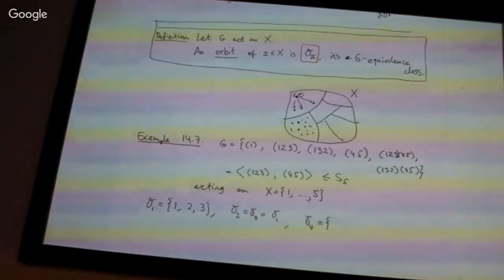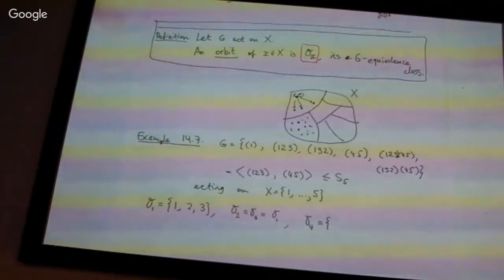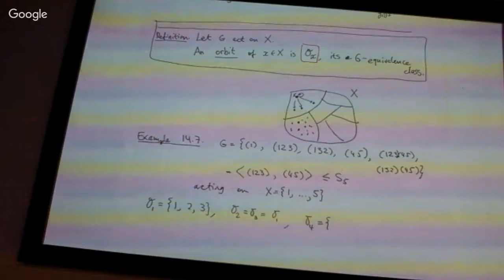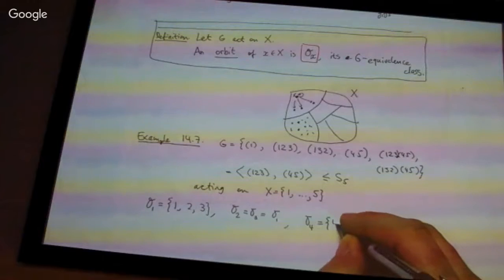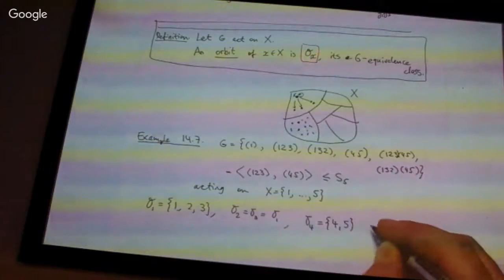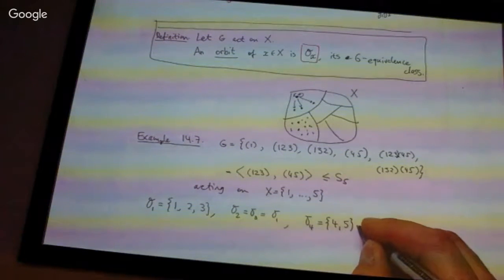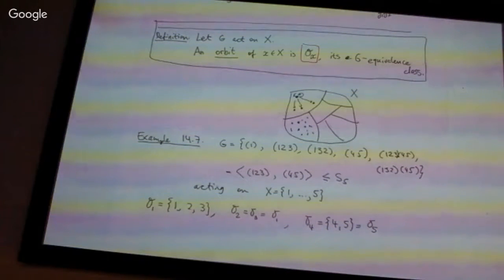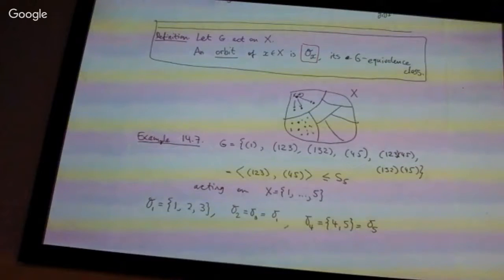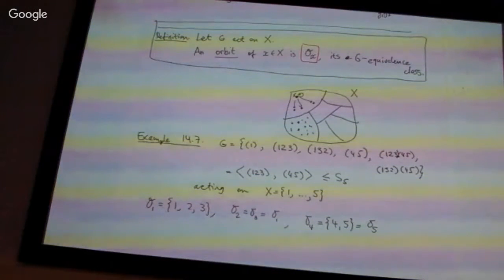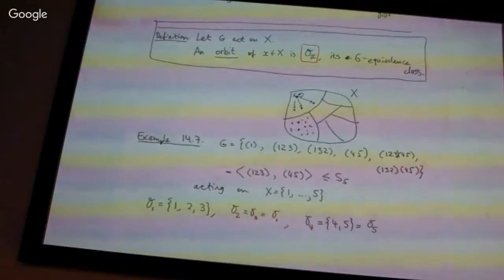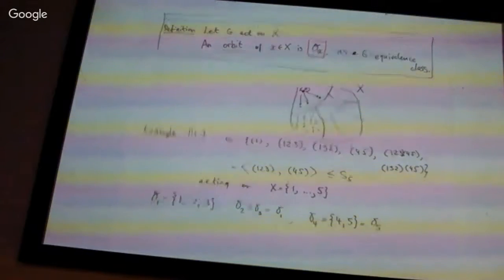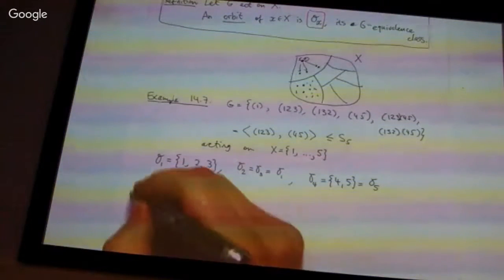Yeah, it's very similar. Never mind. Okay, problem solved. So it's 4 and 5, which of course must be the orbit of 5 as well. Yeah, this is the idea. Good. You get it.